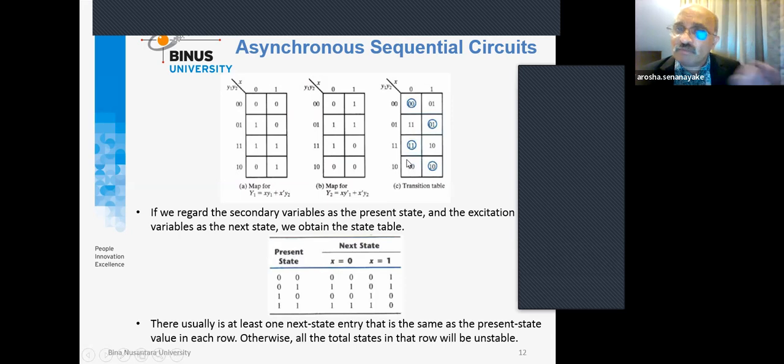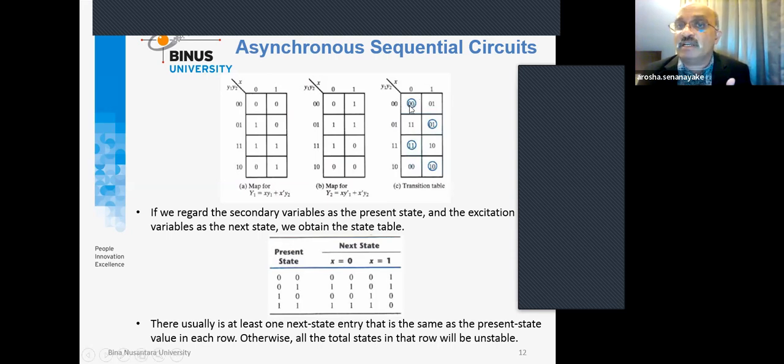So then one of the important conditions when it comes to this transition table is that in any of the rows, you should have at least one present state equal to the next state, in any of the squares or any of the cells. So you should have one.